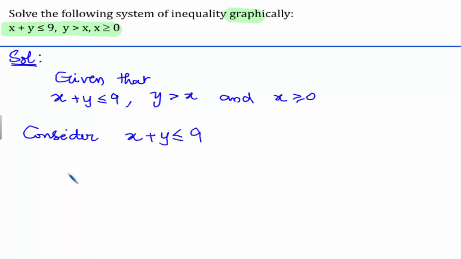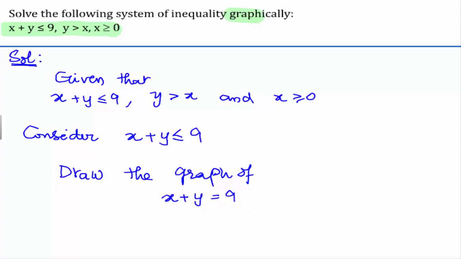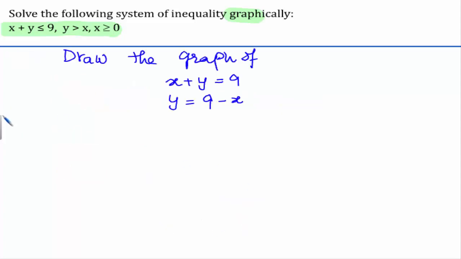To find out the solution of this inequality, we have to draw the graph of x plus y is equal to 9. That implies y is equal to 9 minus x. Let us find out the ordered pairs now.